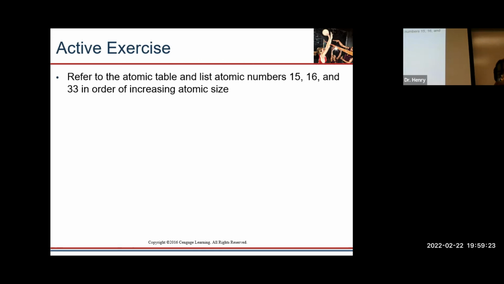First off, what elements are atomic numbers 15, 16, and 33? Okay, so we know that this guy is phosphorus, this guy is sulfur, and this guy is arsenic. Okay, so then who's going to be the smallest?